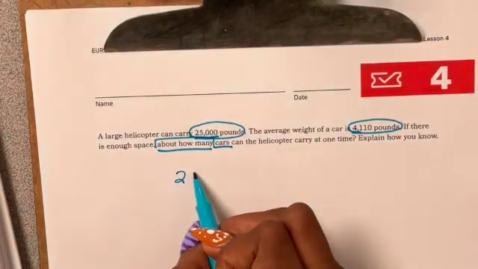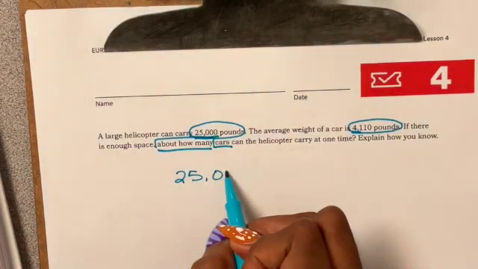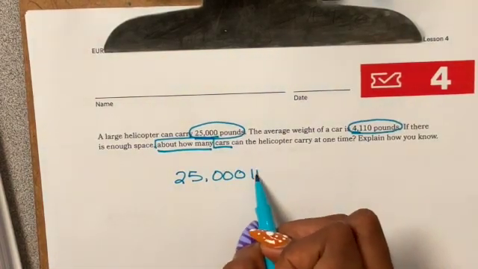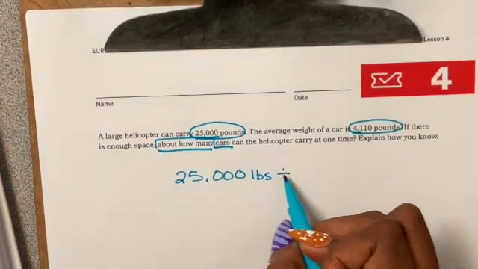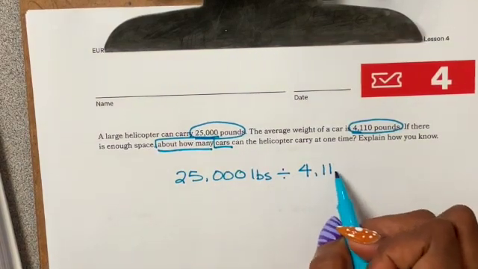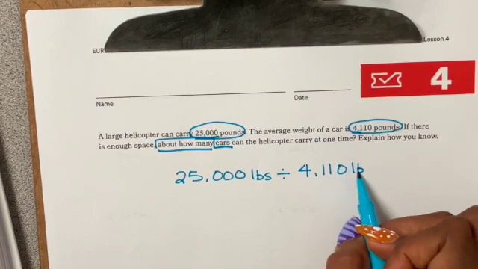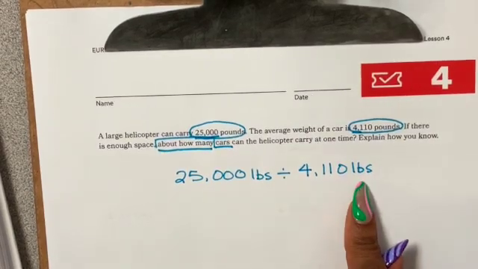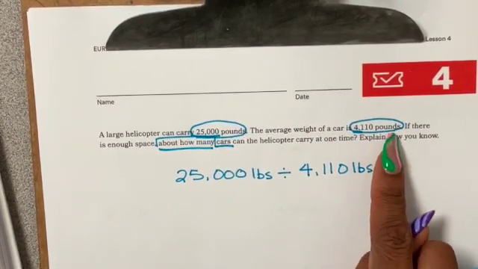So I have 25,000 pounds divided by 4,110 pounds. LBS is the abbreviation for pounds, okay?